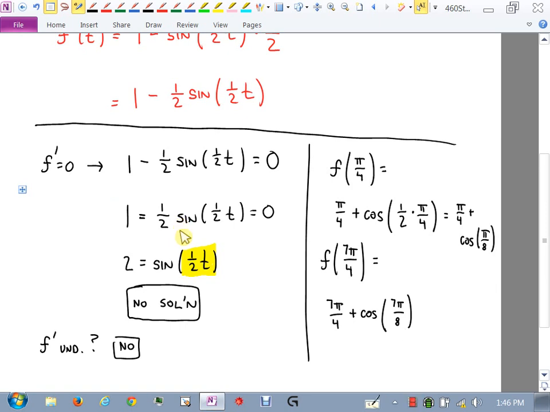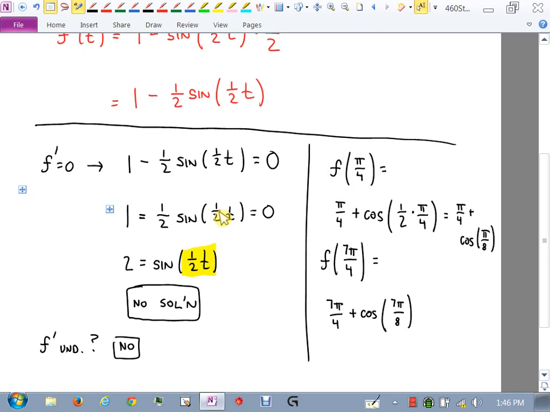We should get the same result. You could do that too, but -1 divided by -1/2 is +2. Well, the 2 wouldn't have messed with this. You can't divide it because it's trapped inside. Anything that's trapped in the argument of the trig function cannot be pulled out, cannot be canceled. I mean, can't mess with it.